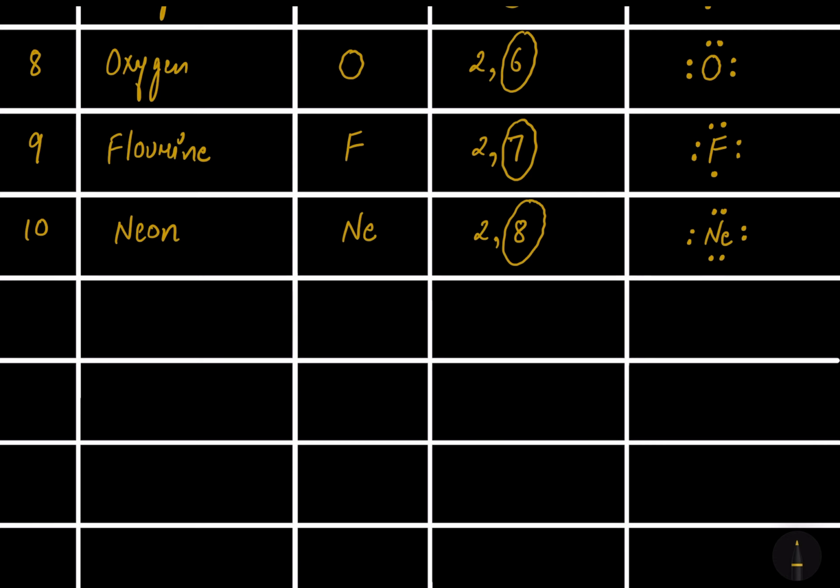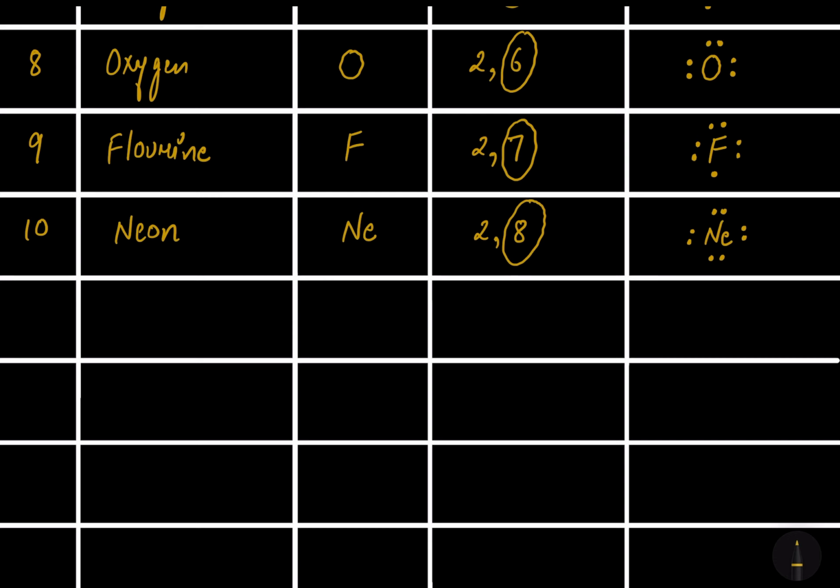So at neon we got completely filled 2 shells. So that's a noble gas. In case of noble gas, we got totally filled first 2 shells. The first shell can accommodate a maximum of 2 electrons and the second shell can again accommodate a maximum of 8 electrons. I'm repeating it again.